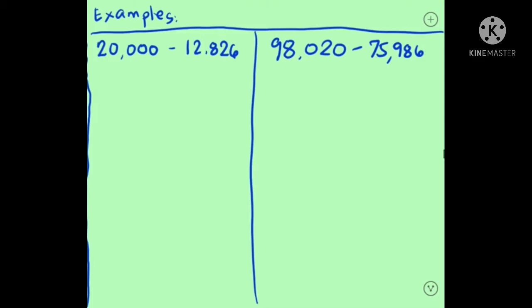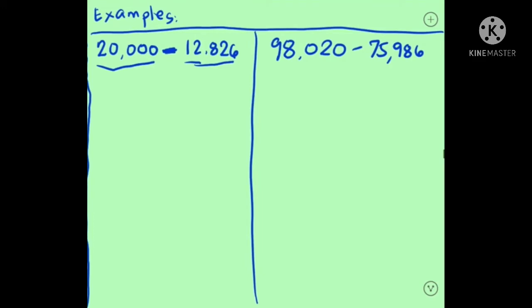I have two examples here. Let us first read the first problem. All right, our first problem is 20,000, and again the symbol is minus, 12,826. That's the first one. So, of course, for every operation of numbers, we need to line them up.